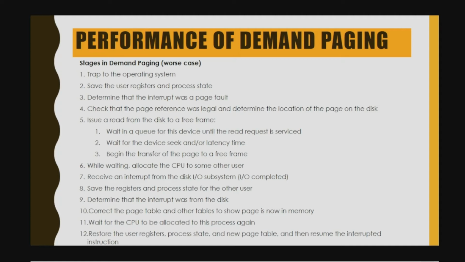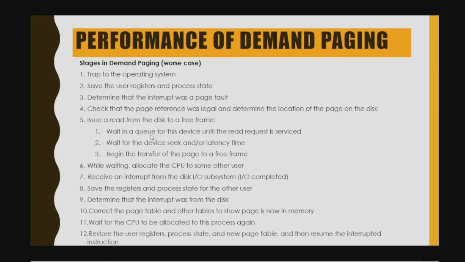Number 4, check that the page reference is legal and determine the location of the page on the disk. Number 5, issue a read from the disk to a free frame. You can refer back to the previous diagram, where we have the free frame step 6, in order to identify the page fault.